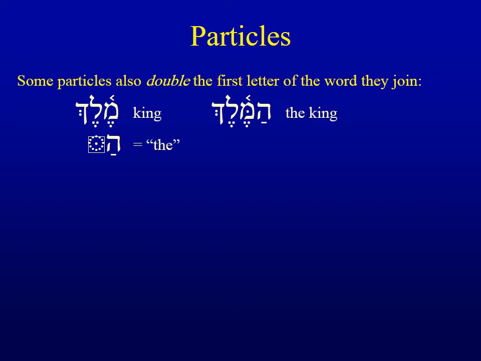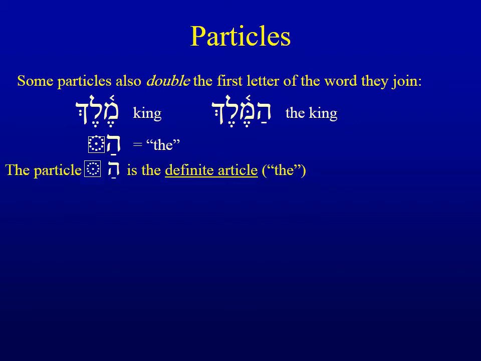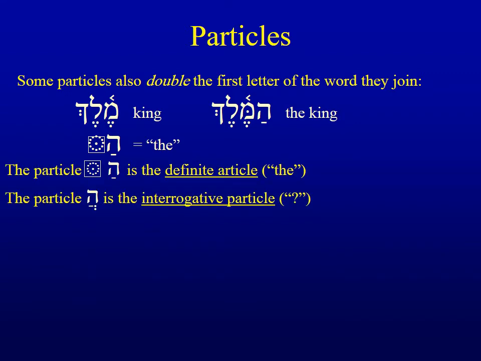So this all together, hey, patach, double, means "the." This is the definite article. Notice how similar this looks to the interrogative particle. Remember that the interrogative particle is hey and then a composite shva and no doubling, whereas the definite article is hey, patach, and double.